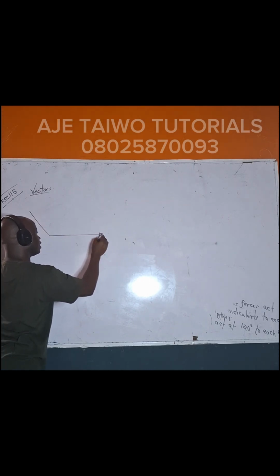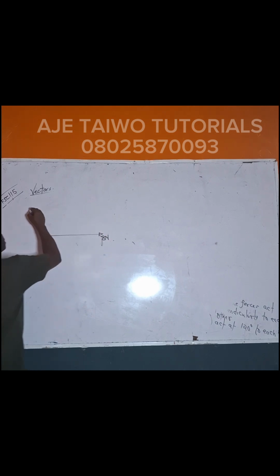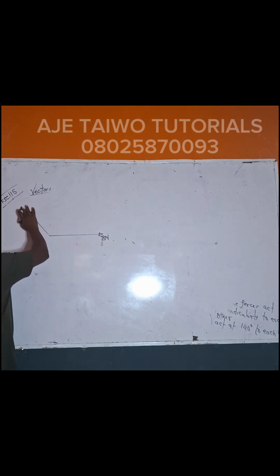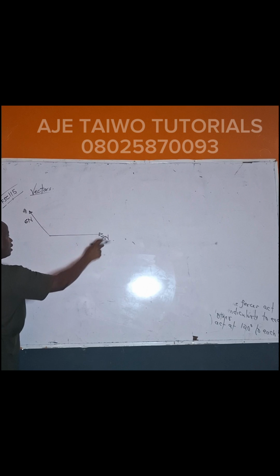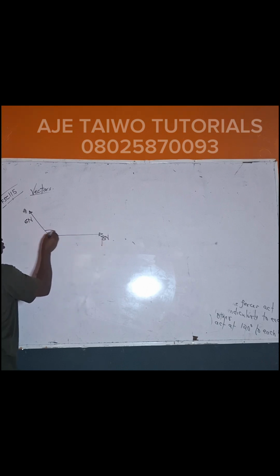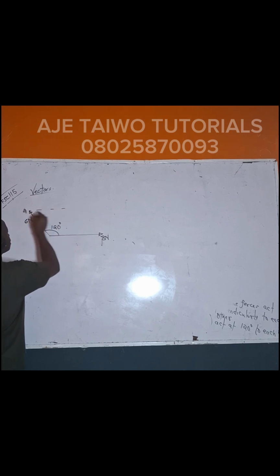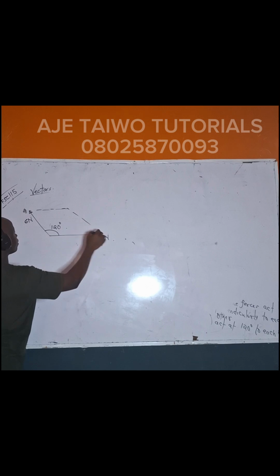This is, let's say, 8 as you like. Put here 6 as you like, it's your choice. You can put 6 here, 8 here, at angle 120 degrees. You draw everything like this. Complete your parallelogram.